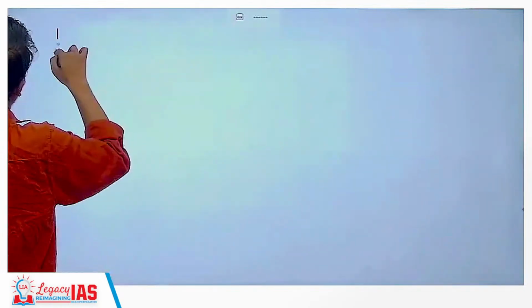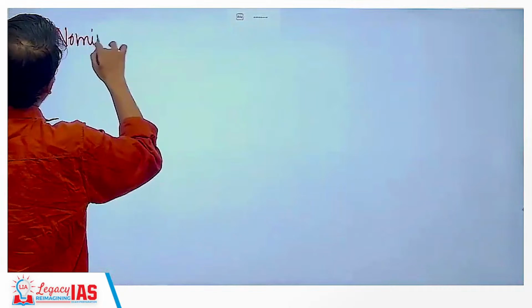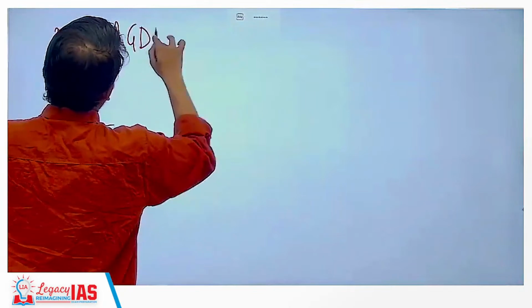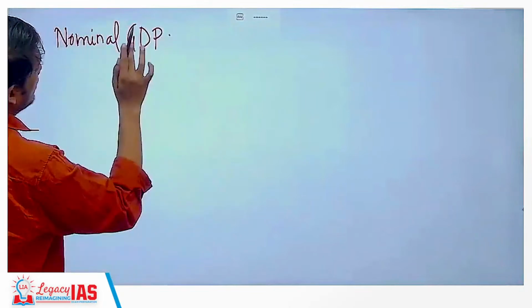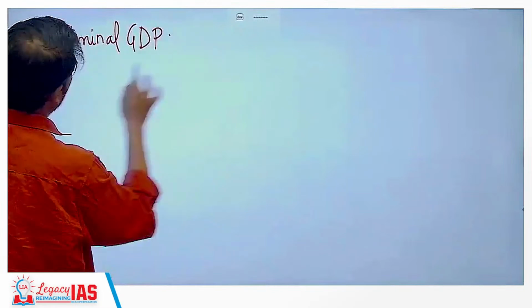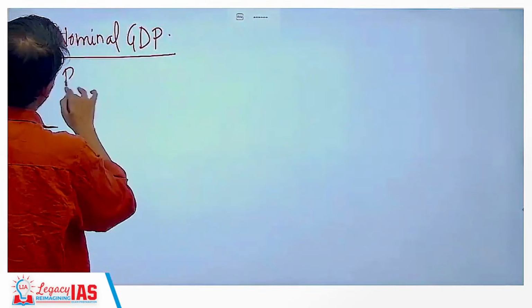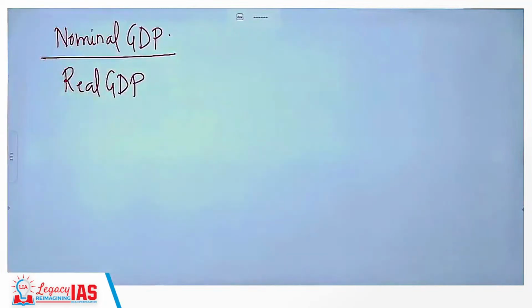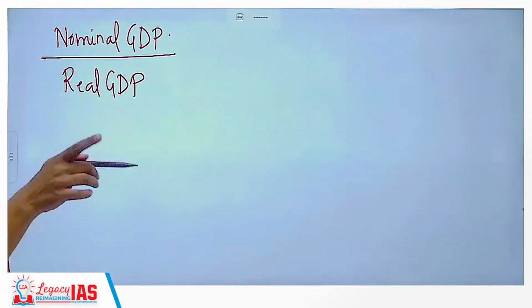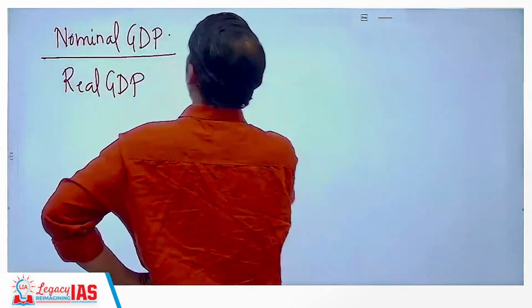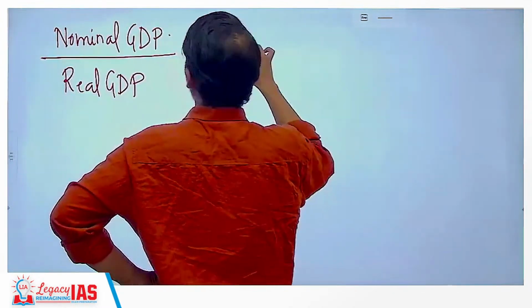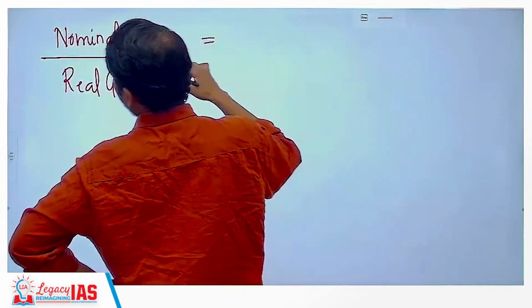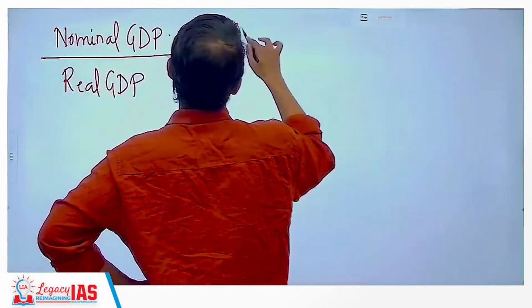Sure. So nominal GDP is when you are calculating GDP of a particular year with the prices of that year only, upon real GDP, when you are calculating GDP of a year with respect to the prices of a base year. So nominal GDP upon real GDP is equal to GDP deflator.